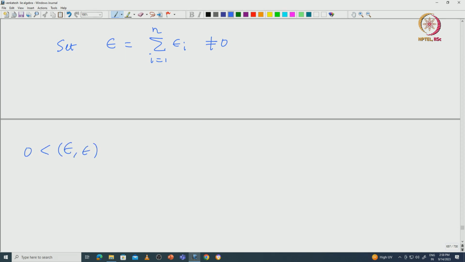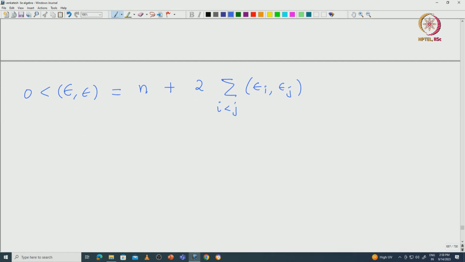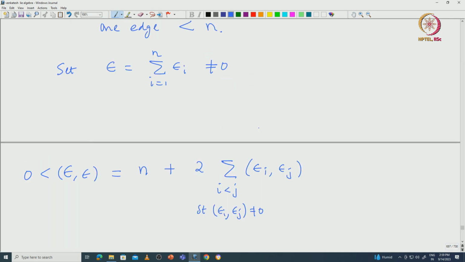Since this must be positive because epsilon is non-zero, and since epsilon i is a unit vector, this is exactly equal to n plus twice the summation over i less than j of epsilon i comma epsilon j, where i j varies over the pairs of indices for which epsilon i, epsilon j is non-zero. Otherwise, there is no contribution of that inner product. This is just immediate from the definition.